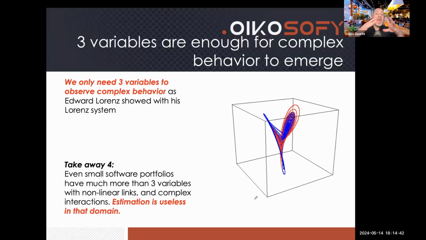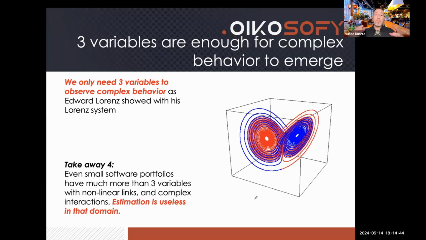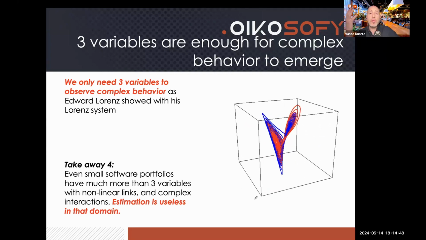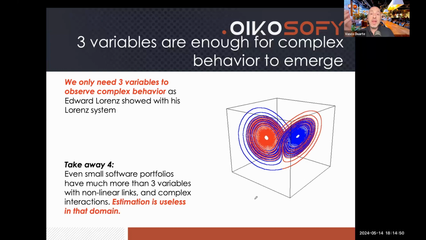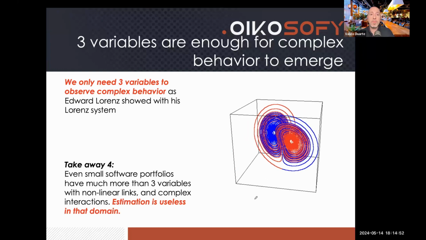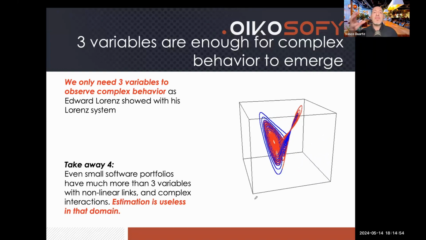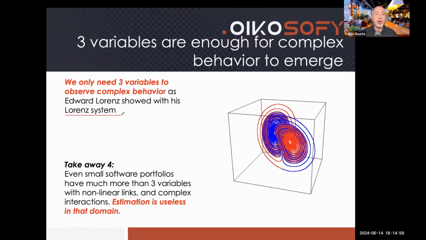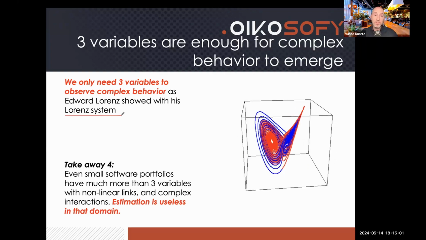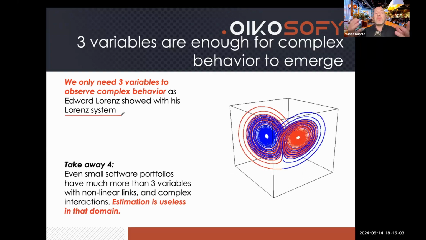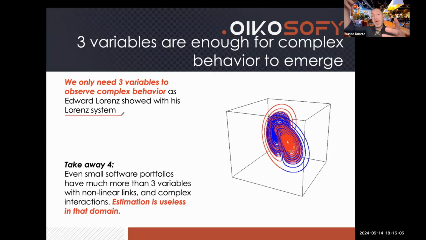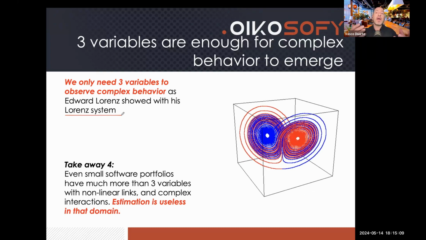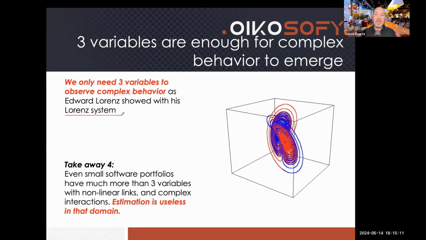Now, there are many things that affect a project or a portfolio of projects. And there's one thing we have learned from complexity theory and the study of complexity, which is that if you have something, and in this example we're talking about the Lorenz system, so we're talking about the weather, right? If you have something that is affected by multiple variables, you will very quickly get to a level of behavior that is complex.